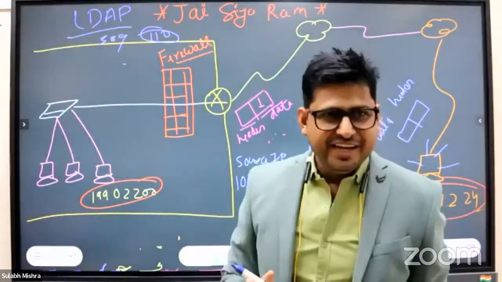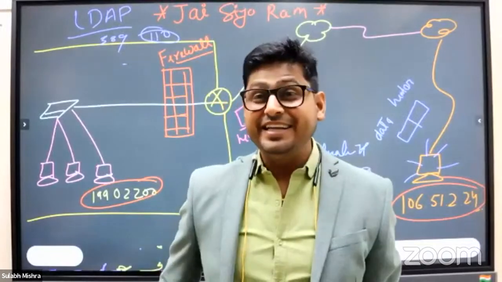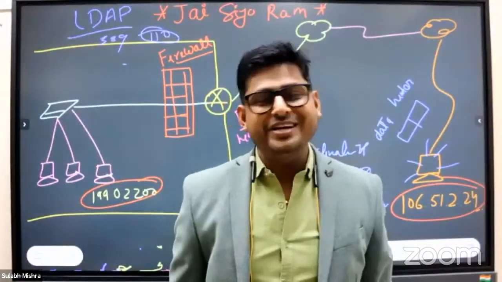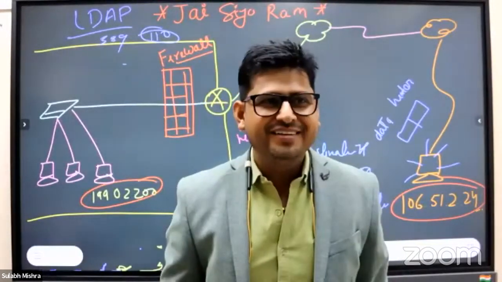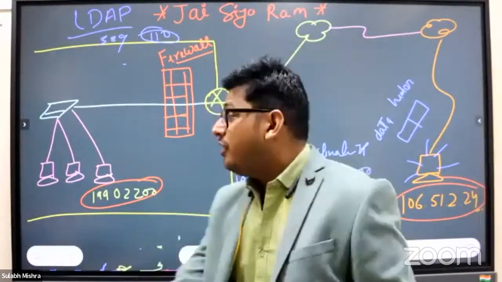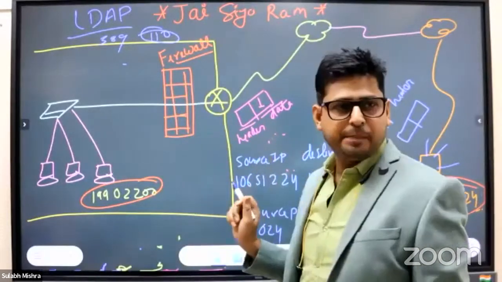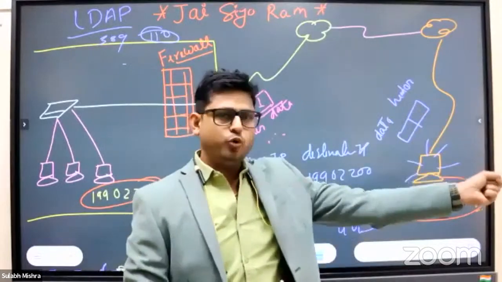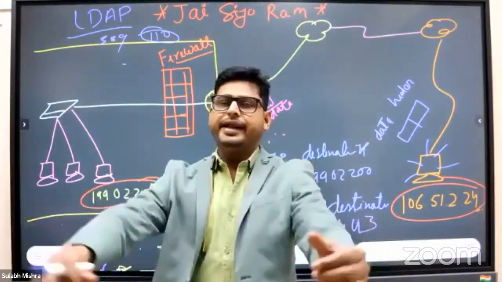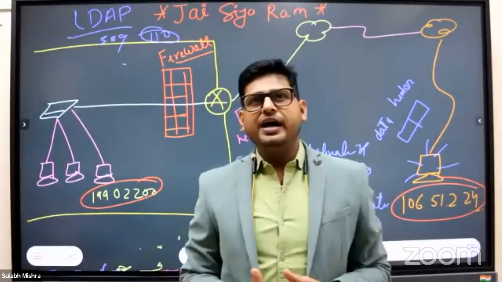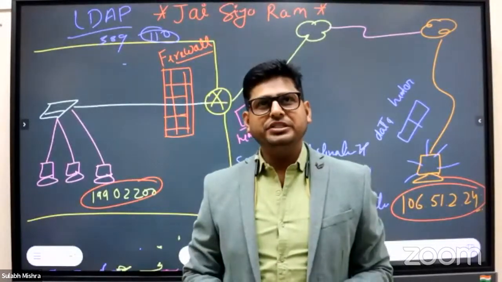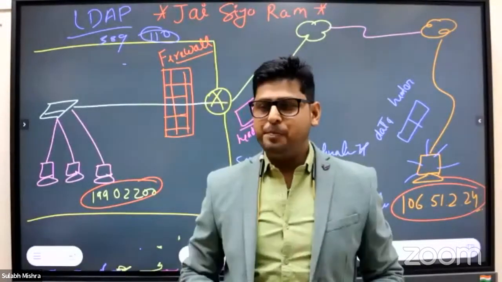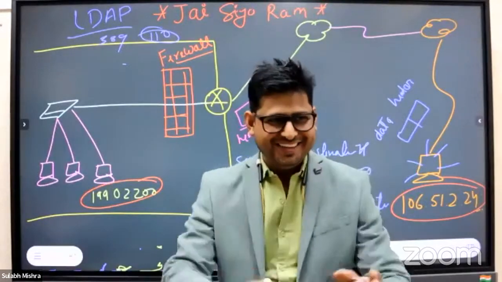It will not be able to read the source port, destination port, and protocol. So the router will open up the header part and check what is the source IP and what is the destination IP.